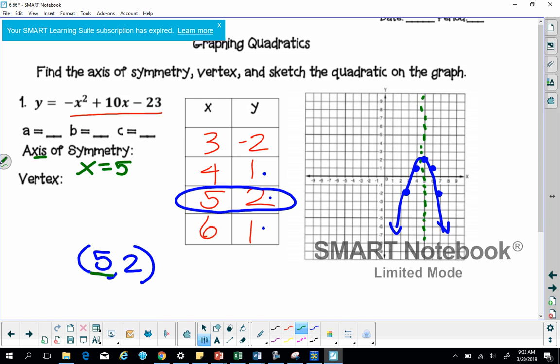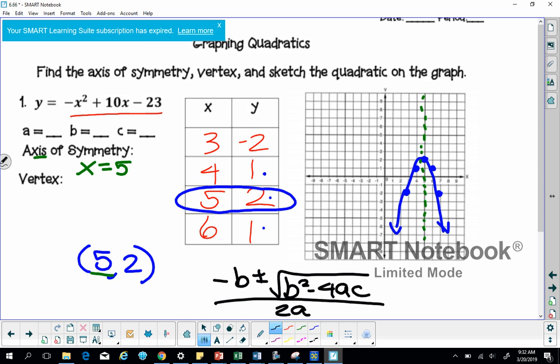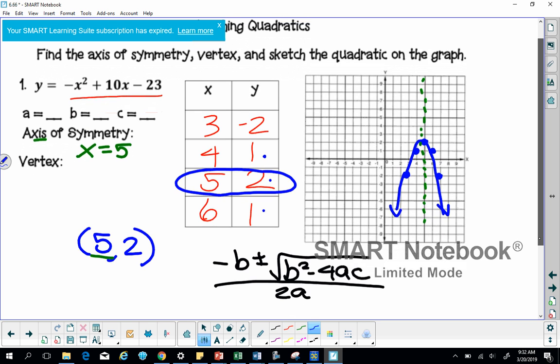Now, that's how you find it on the calculator. I want to make sure you guys know how to do it by hand because there's going to be times where it's decimals. We learned the quadratic formula last class, right? Which was -b plus or minus this whole thing. To find your axis of symmetry, we use the outside of that quadratic formula.